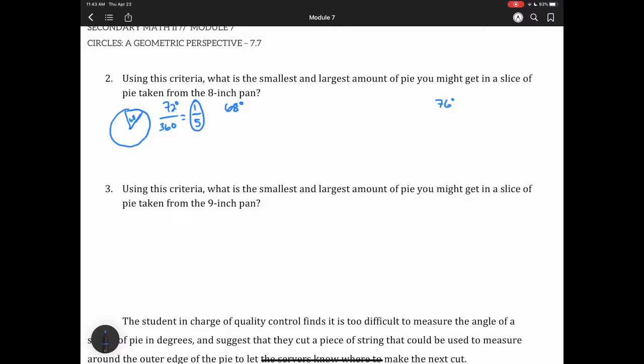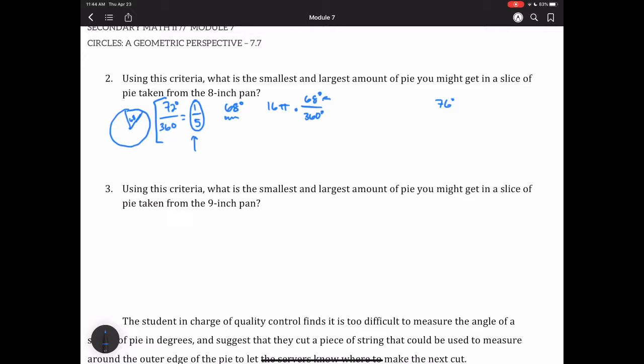We're going to do the same fractional technique, taking the entire area of the pie, which we determined in this pie was 16 pi inches squared, and multiplying it by the fraction of the pie we're working with using that 68 degrees. So we're working with 68 degrees of 360. It's just another way to say what we did here, but now we're using a degree measure that doesn't go super easily into 360 degrees.